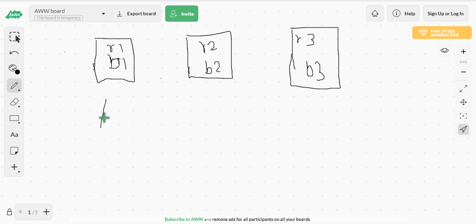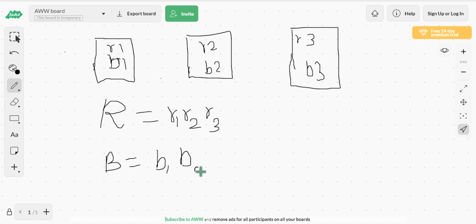We get the number R by concatenating the red integers from all the cards, so it will be R1, R2, and R3. Similarly, B we obtain by concatenating B1, B2, and B3.